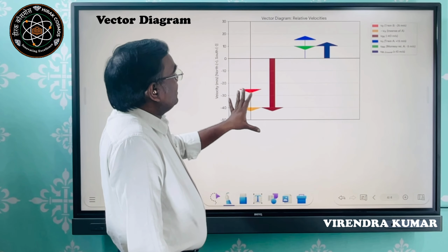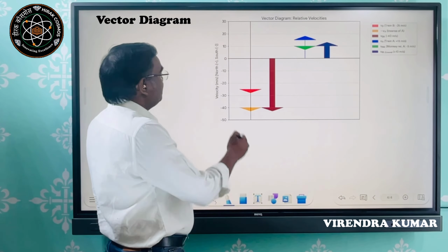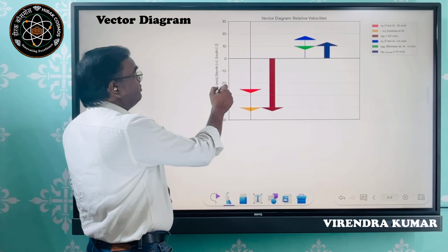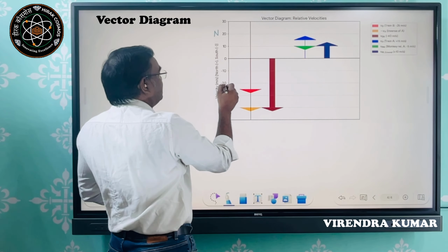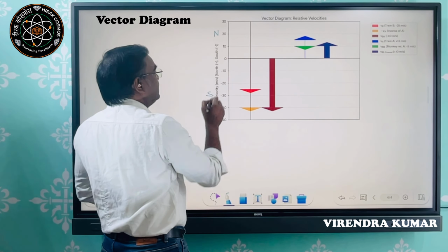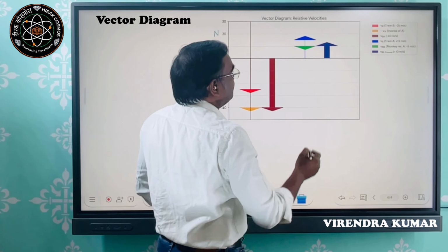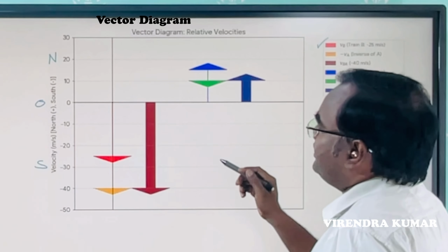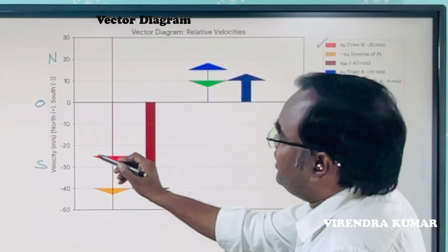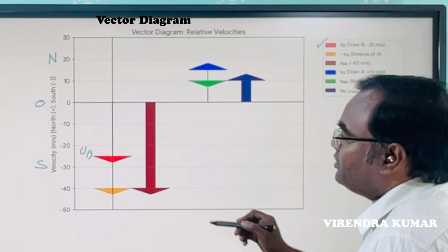So the vector diagram here clearly depicts this. This is the velocity in meter per second, where positive velocity is towards north and negative velocity towards south. So this is the center. Vb represents the velocity of train B, that is moving towards south.